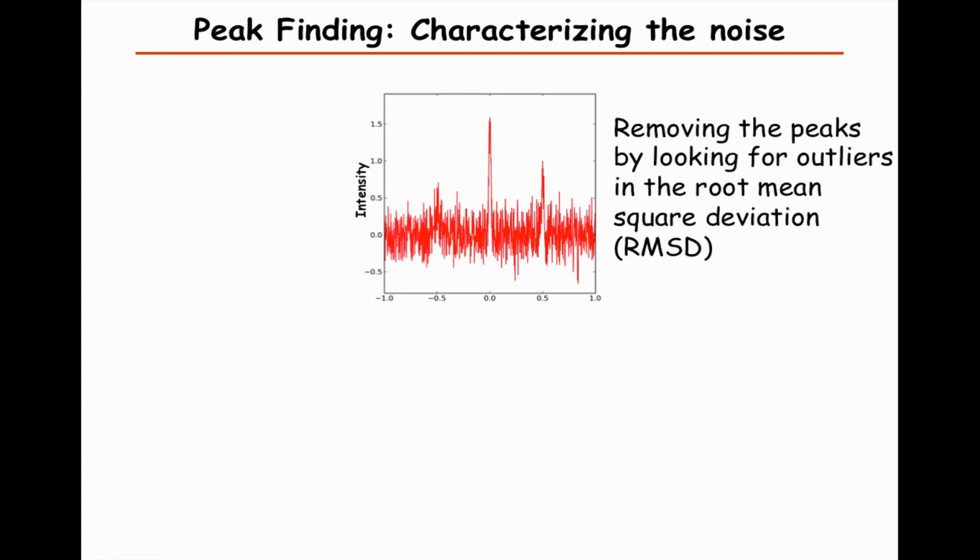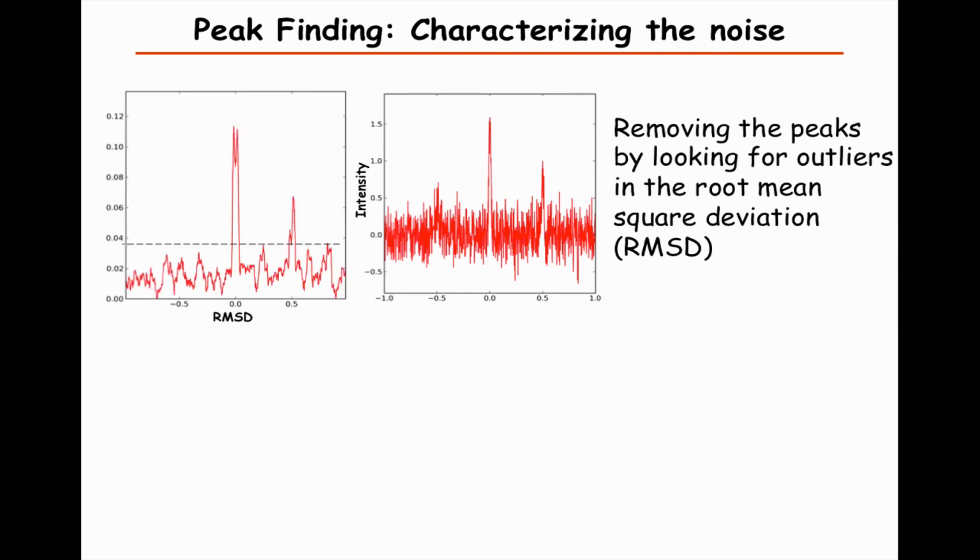But then what we can do is calculate the root mean square deviation. So we select a window, calculate the average within the window, and add up the squares of the deviations from this average within the window. And then look for outliers.